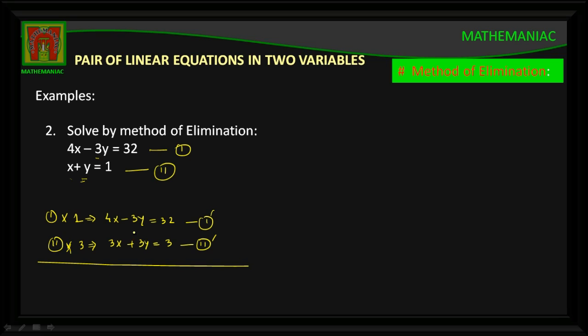But here you see, as I did not multiply with minus, they simply have opposite signs, which tells me that I can add these two equations. Great. So this is 7x, they will get cut, and then this, if I add, how much will I get? 35, leading me to x equals 5.